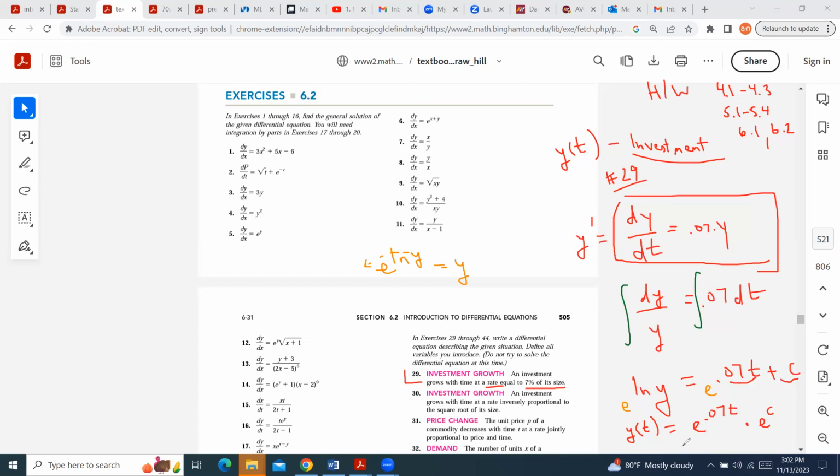In other words, people say that y of t is equal to a constant. So you can say it's a new constant, let's call it C1, multiplied by e to the power of 0.07 t. It is a little bit artificial, I know, and that's why I'm not asking you to do these exercises for your homework, but just to make you realize where it's being utilized. So you just found the formula for investment with respect to the interest.